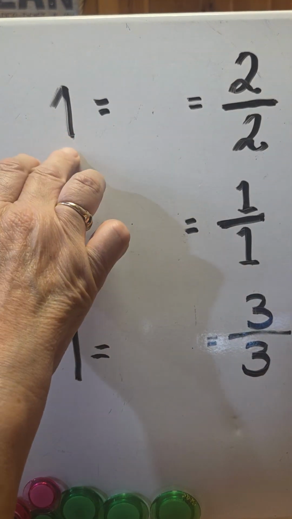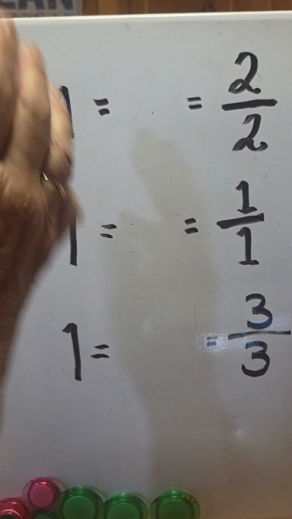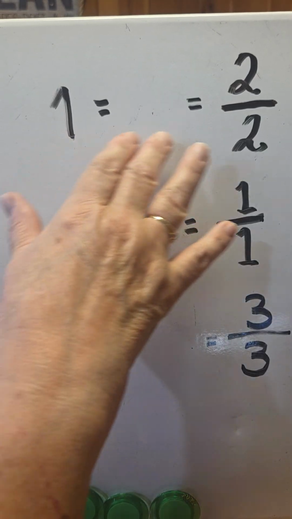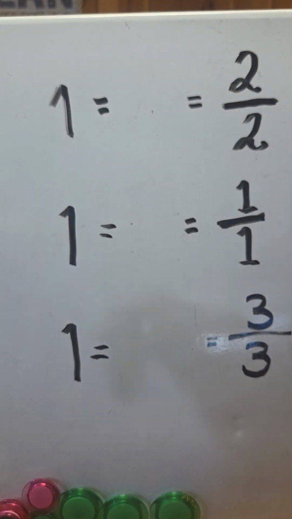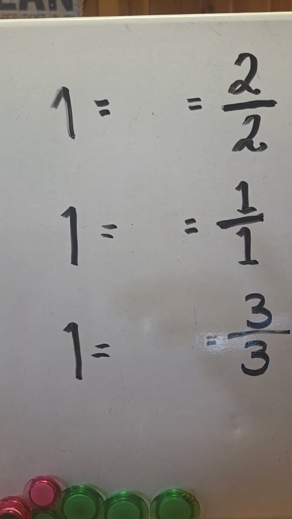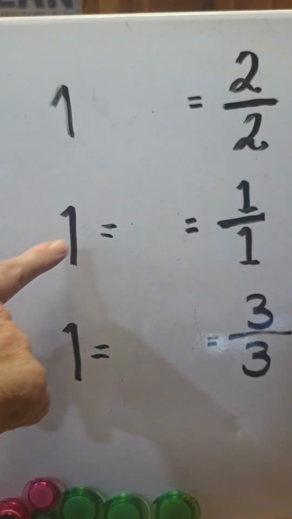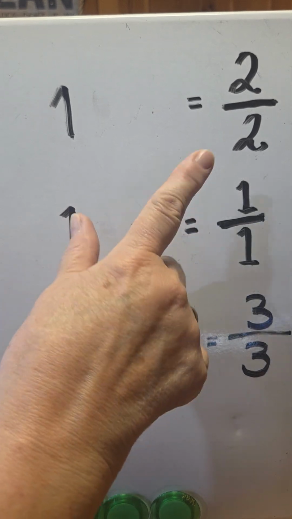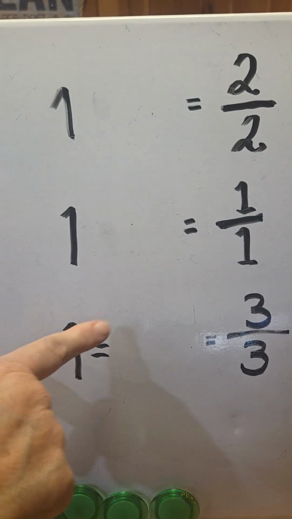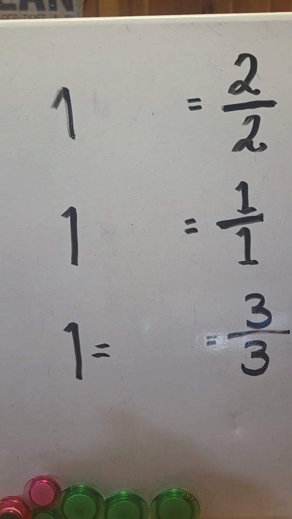All right. One whole thing is equal to 2 out of 2. 1 is equal to 2 out of 2. 1 is equal to 1 out of 1. 1 is equal to 3 out of 3. What are you noticing?